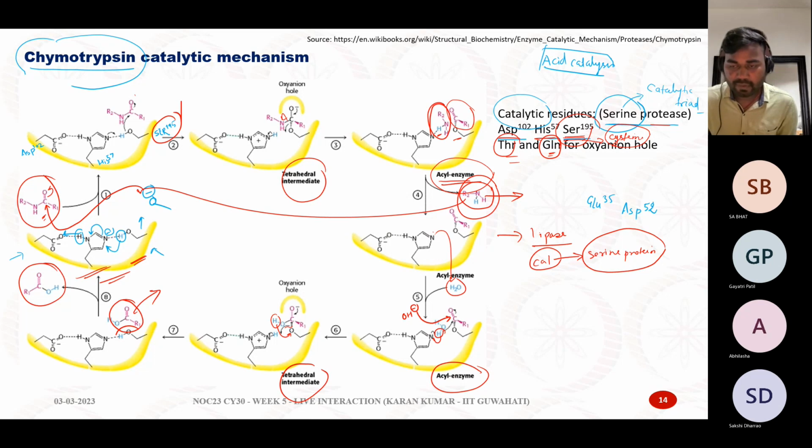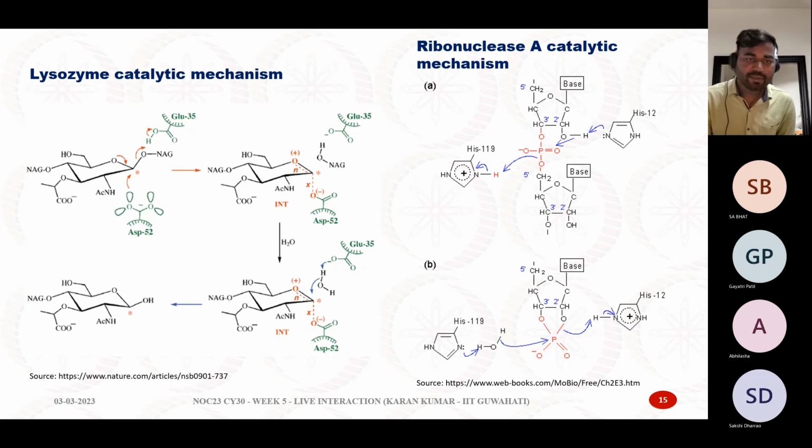Now, this is the lysozyme catalytic mechanism. Ma'am has already discussed. First, glutamic acid will act as an acid. The rearrangement will occur. Then it will generate a positive charge on the structure, which will help in abstracting the hydrogen from the water molecule.